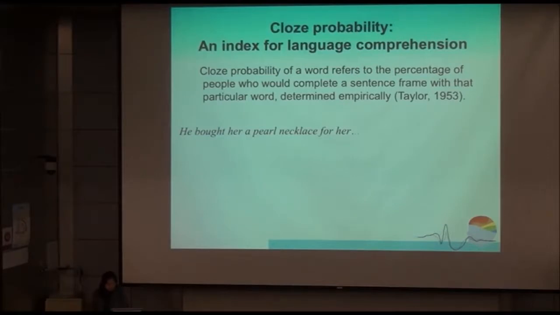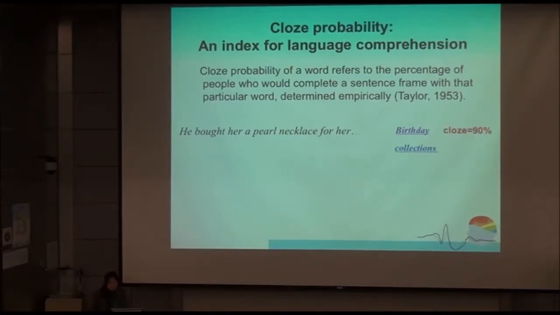In the ERP literature, the contextual effect is usually evaluated by the Cloze procedure, as Dr. Tsai just mentioned. The Cloze procedure asks participants to complete a sentence frame, like he brought her a pearl necklace for her. I guess most of you will complete this sentence with birthday, but some of you might complete this sentence with collection.